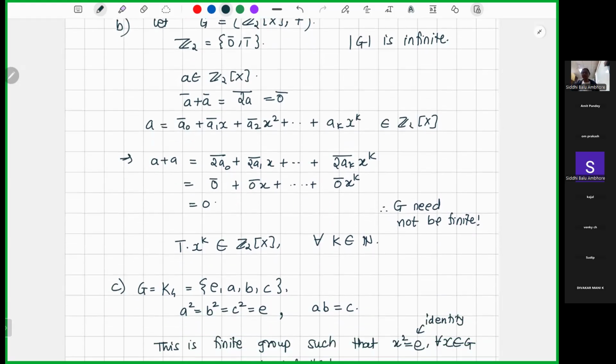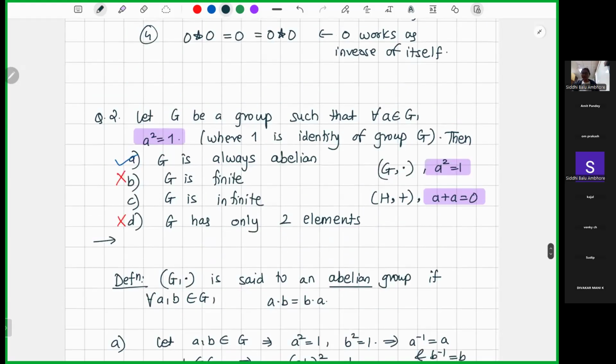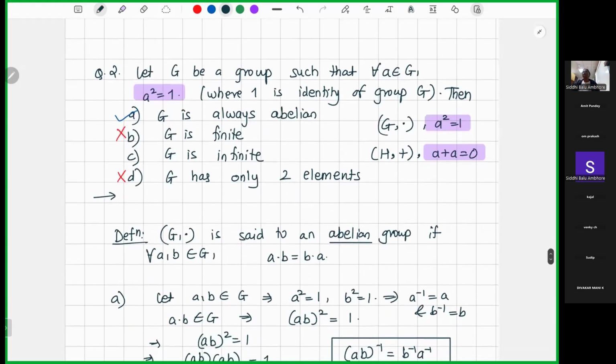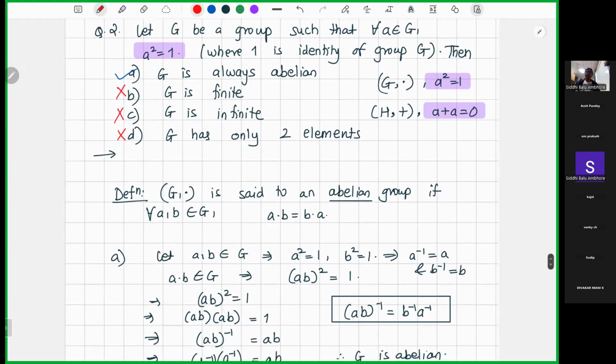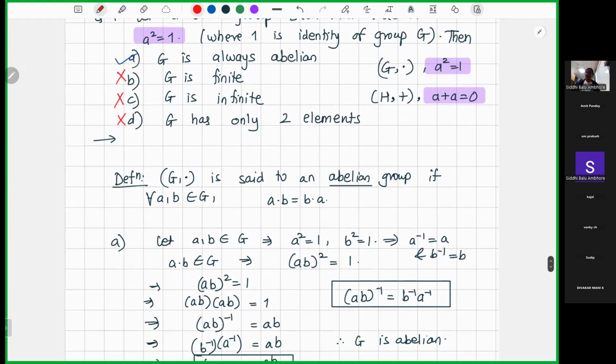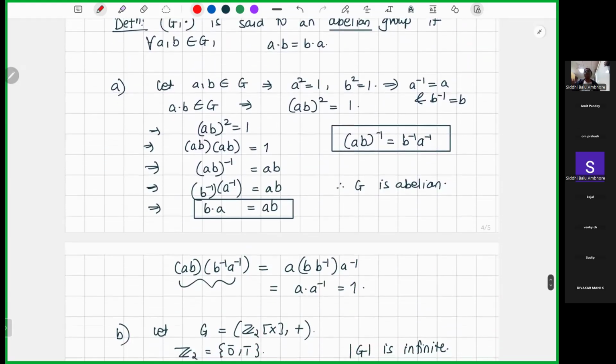If that happens, then G is always abelian, but we can't say anything about the cardinality of G. G could be finite, G could be infinite, and G definitely does not have only two elements. We saw a group which satisfies this condition has infinitely many elements. We saw a group which has finitely many elements and it satisfies a square is equal to 1. But the moment I have a square is equal to 1, I will always have that G is abelian.